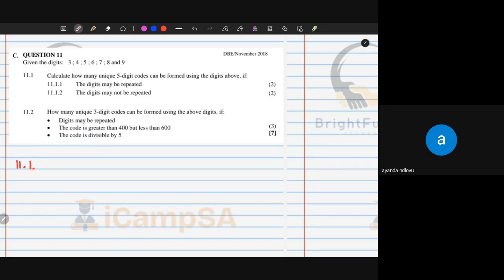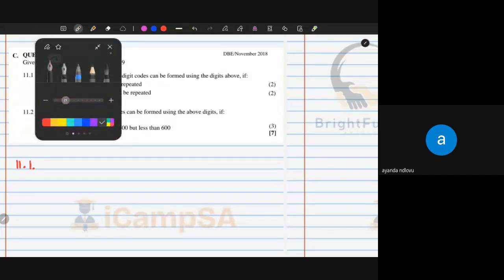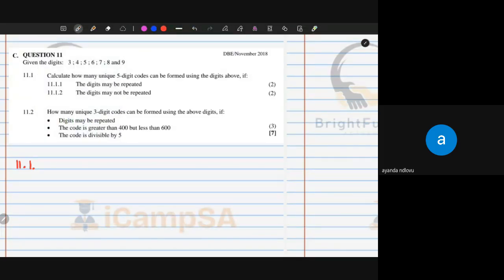Given the digits 3, 4, 5, 6, 7, 8, 9, calculate how many unique 5-digit codes can be formed using the digits above. If the digits may be repeated, and if the digits may not be repeated. On point. Thanks for that. So what we need to realize, guys, is that we are choosing from 3, 4, 5, 6, 7, 8, and 9.